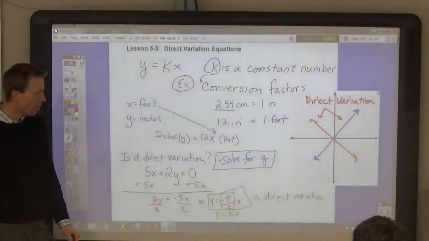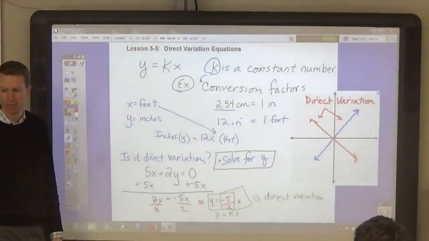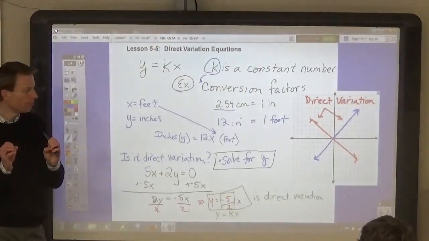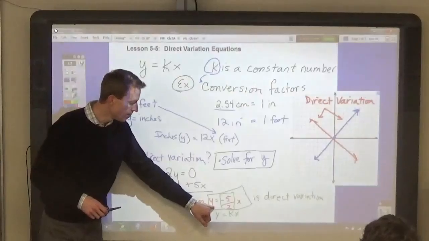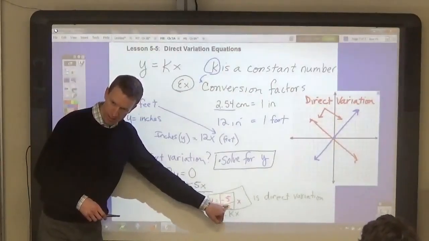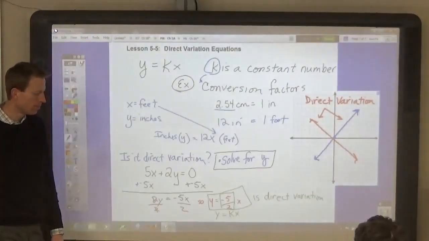Now, if x was 0, what would y be? It would be 0. Yep. So, whenever that is the case, and there's a number here, you have an equation for direct variation.